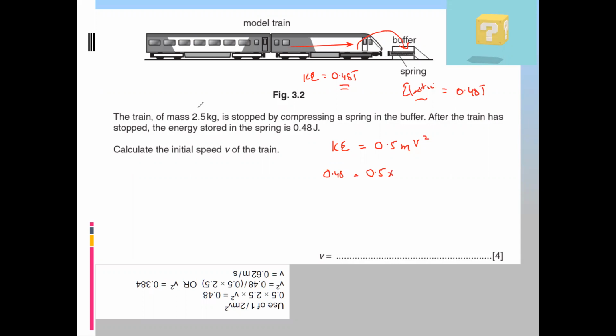What is the mass of the train? It's only 2.5 kilograms, that's a toy basically. So 0.48 equals 0.5 multiplied by 2.5 multiplied by v square. 0.5 times 2.5 is 1.25, so this is 1.25 multiplied by v square.